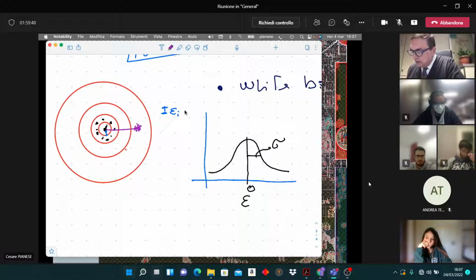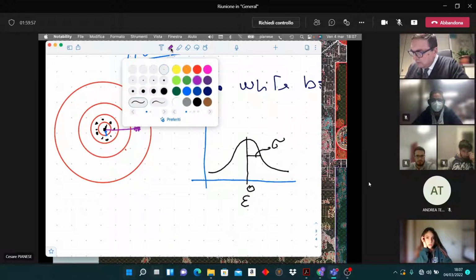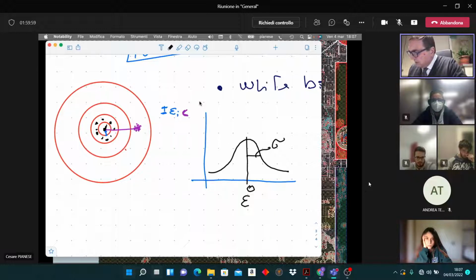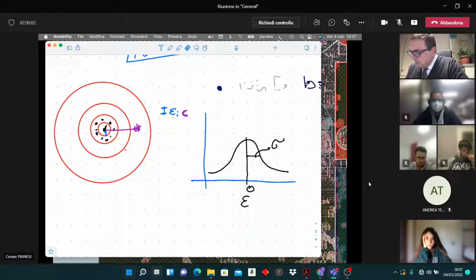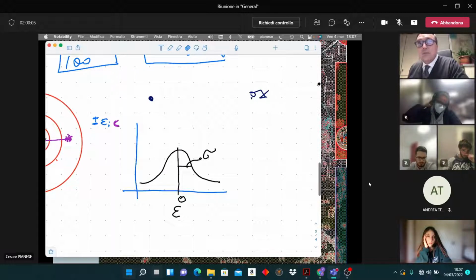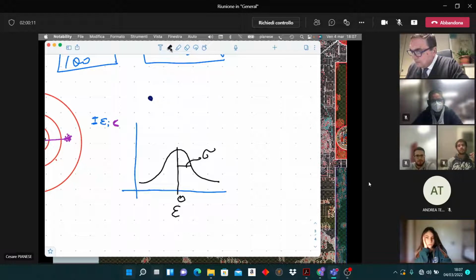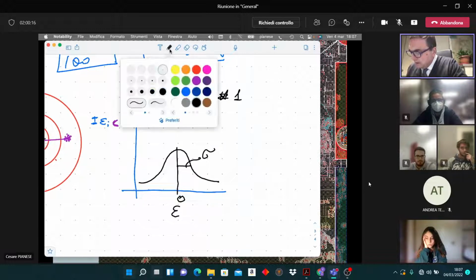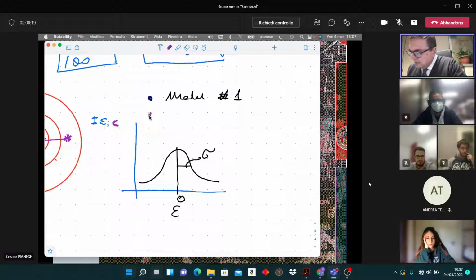So let's call this model number 1, and the violet one is model number 2.